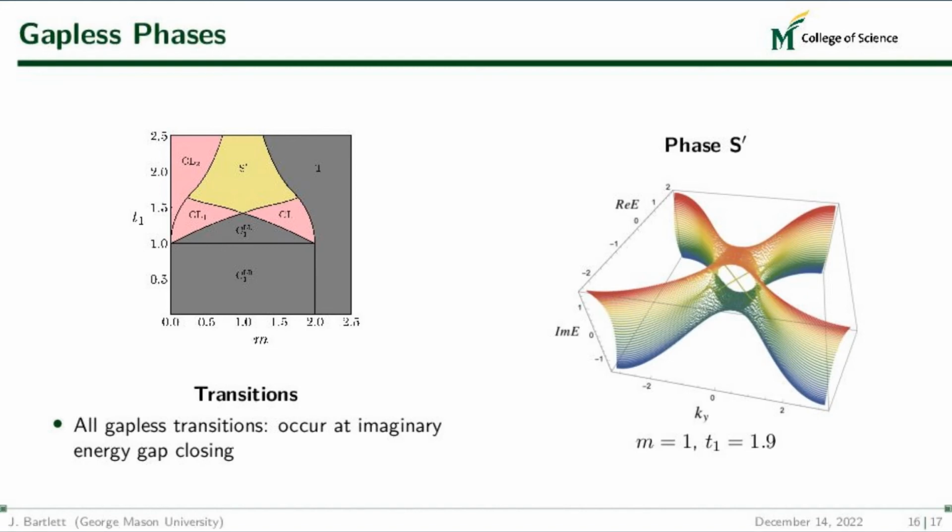As I mentioned before, this gold region, this phase S prime, is this uniquely non-Hermitian topological or non-trivial phase. It is where we no longer have separation of the energy spectrum, or the two bands. So we have a gapless phase. But as you can see, there's a hole in the imaginary energy plane, and we have these two edge states traversing this hole.